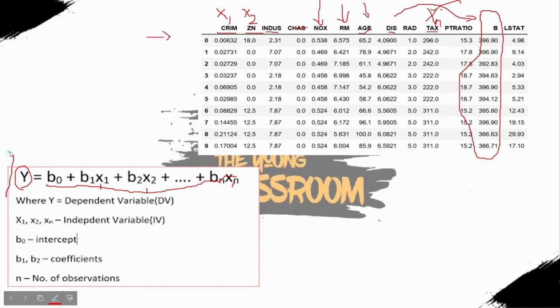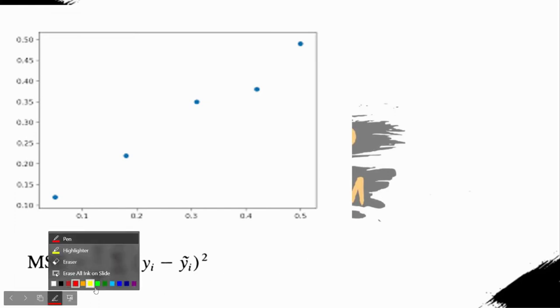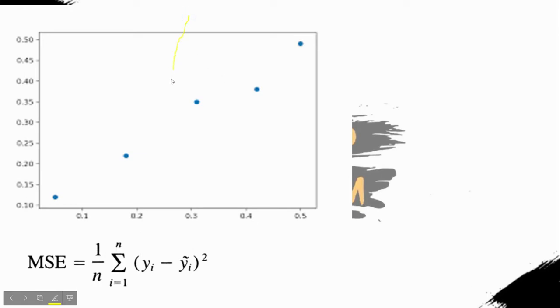Because this y which you are seeing over here is your predicted output, not your actual output, and your goal is to make this predicted output as close as possible to the actual outputs. Let me show you one more example. As you can see over here, these dots are your actual outputs. But for example, if you want your predicted output to look something like this, is this the best way that you can achieve this predicted output?